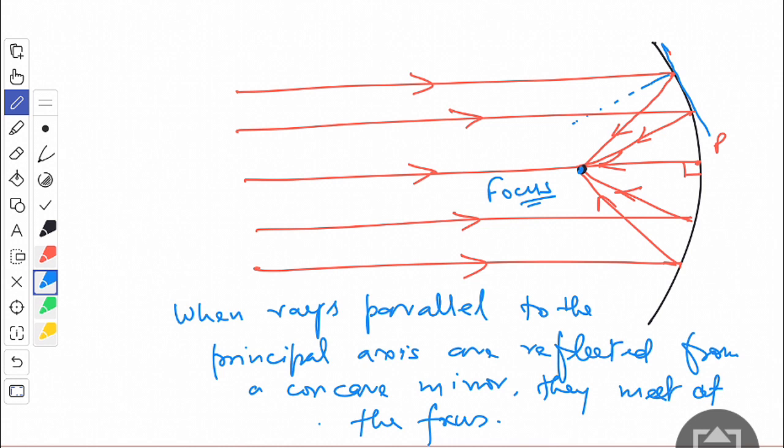Maybe you meant this ray, which goes at 90 degrees with the tangent here. Maybe this is the question, I'm not very sure. Any other questions?